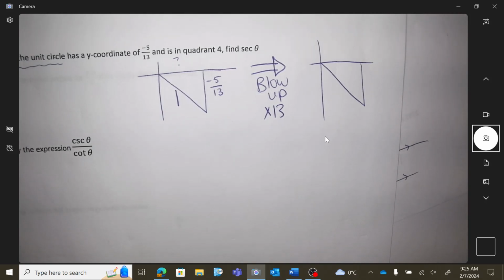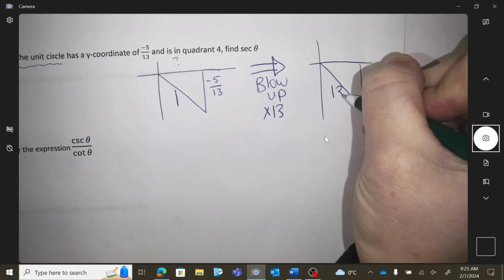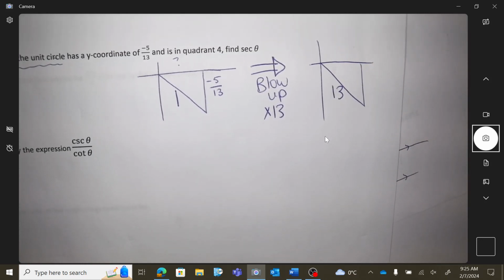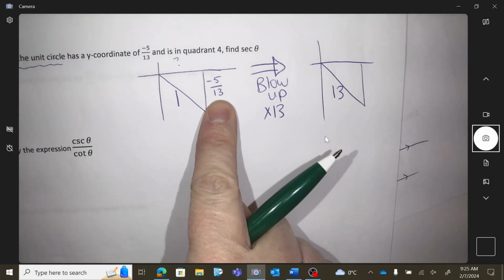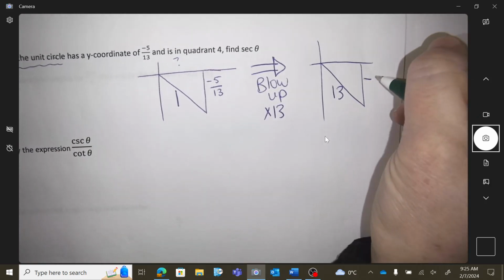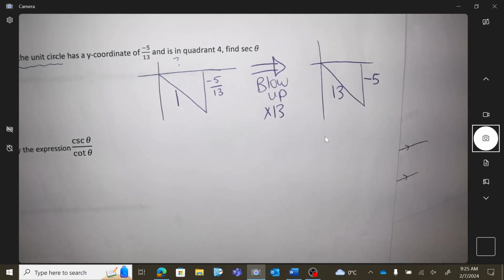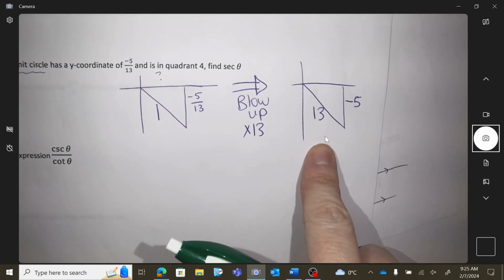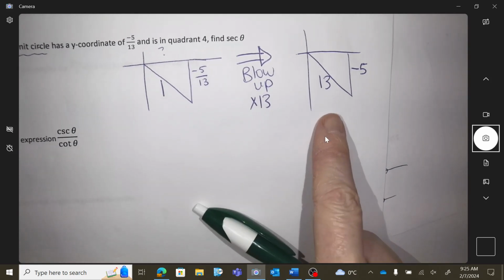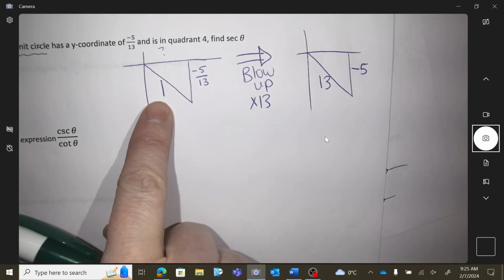So if I times it by 13, that's going to be a 13. What happens when you times this fraction by 13? No bottom now, right? Do you like that better? Pythagorean theorem? No fractions? Okay, you can for sure do the Pythagorean theorem with the fractions.